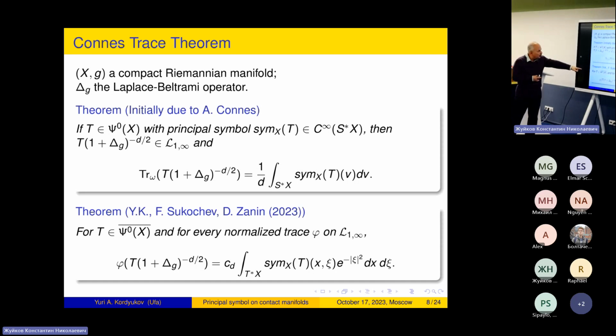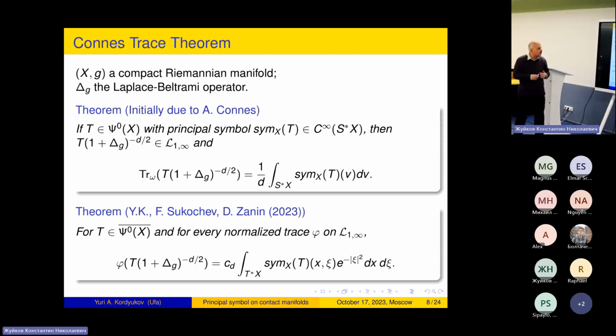And what we did, we proved the same statement here, but with three differences. First, we consider any continuous normalized trace phi. This, as I said, goes through. This might play an essential role in extending from any Dixmier trace to these normalized traces.